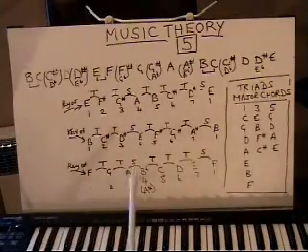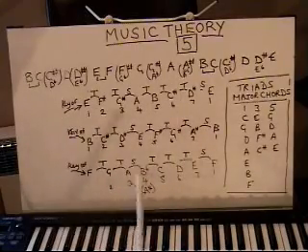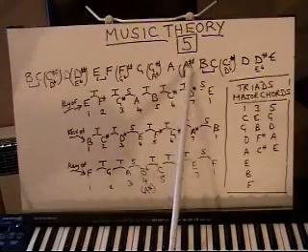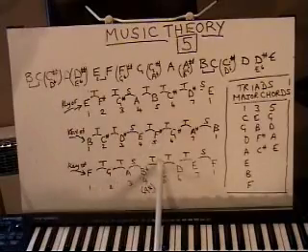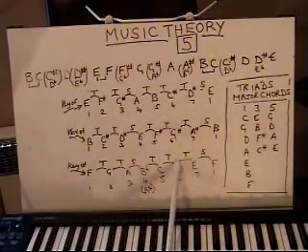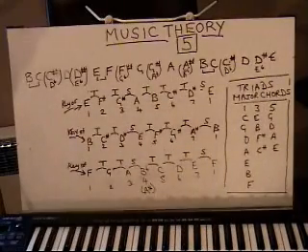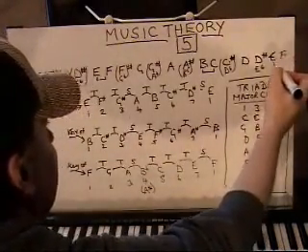Later on, it'll make sense, but just accept that it's going to be called B flat for the key of F. Now from B flat, we're going to go up a tone, which is C, and if we go up a tone from C it's D, and if we go up a tone from D it's E. I'm running out of space here, guys. What I'm going to do is, I should have just put F on there, to make it a little bit easier for me.